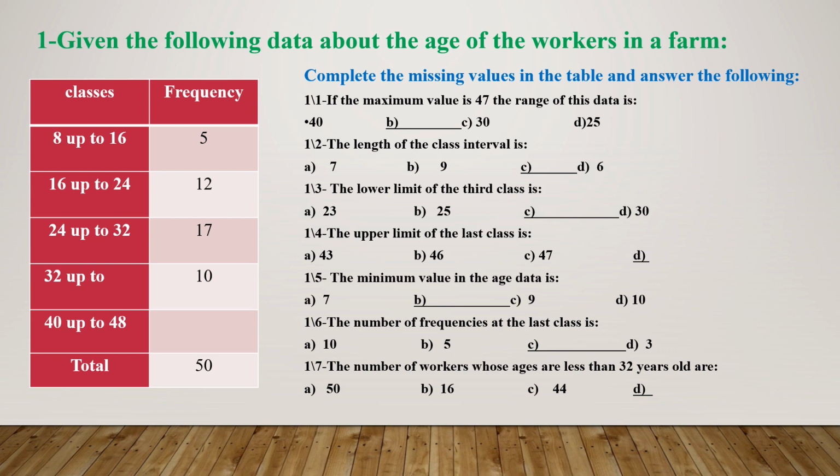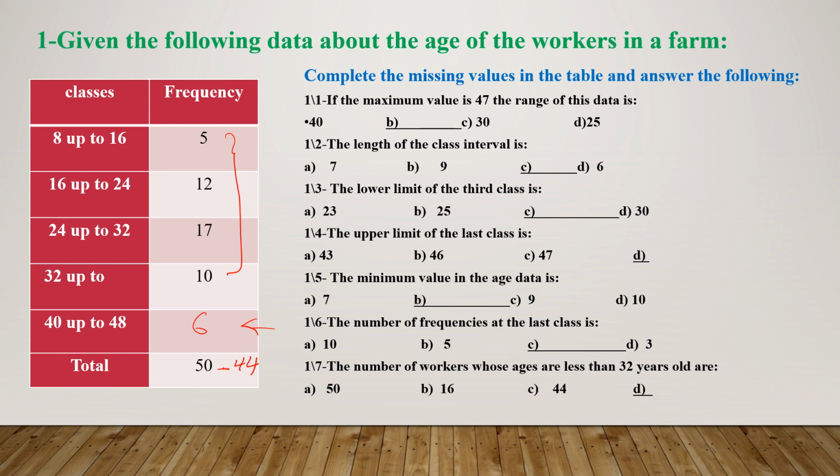Here is the frequency of each class, but the frequency of the last class is missing, so we have to find it by adding the frequencies of all classes and subtracting the value from the total frequencies, and this equals 50 minus 44, which equals 6. So the frequency of the last class equals 6.